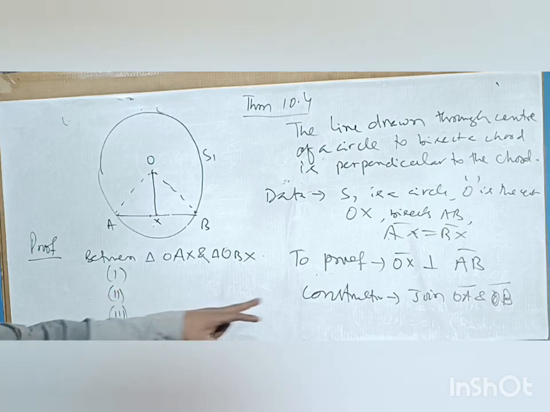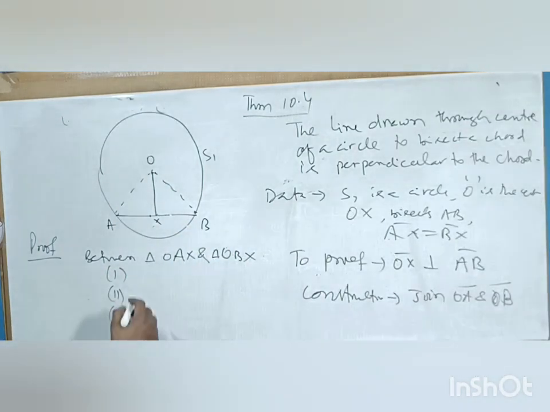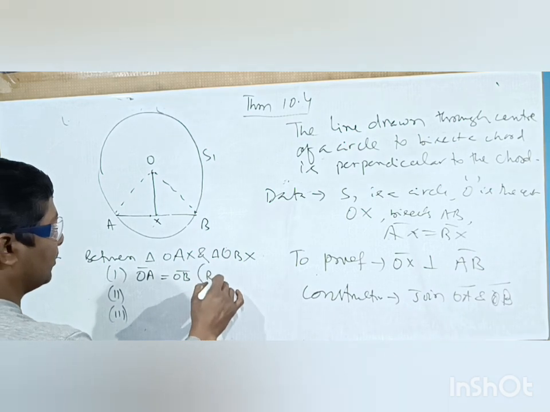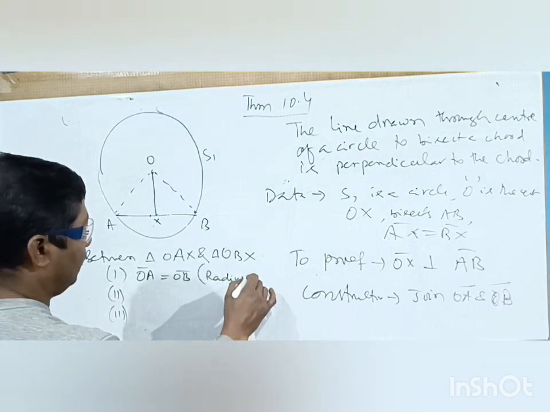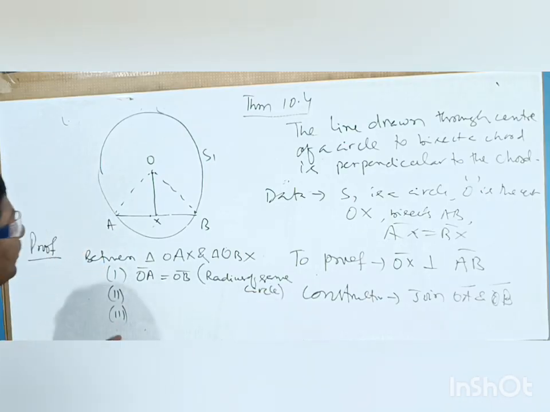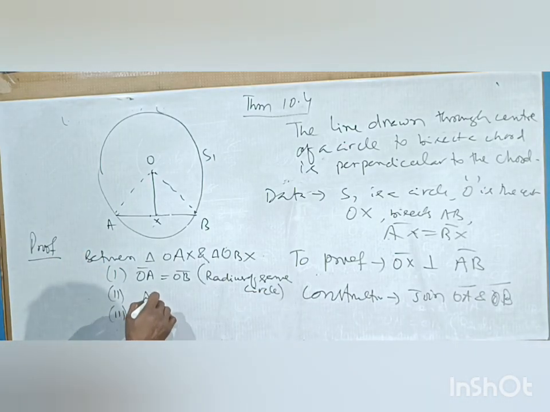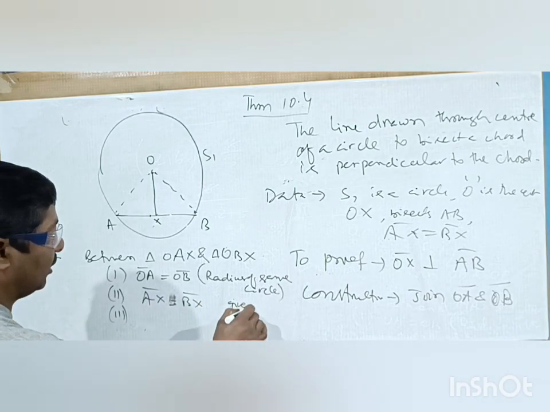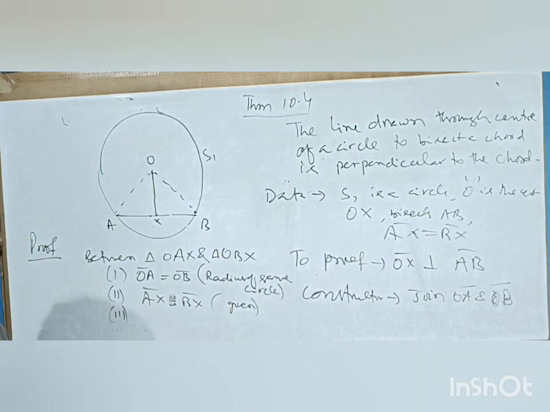See, OA equal to OB, radius of the same circle. Again, AX equal to BX, given, data given already in the theorem.